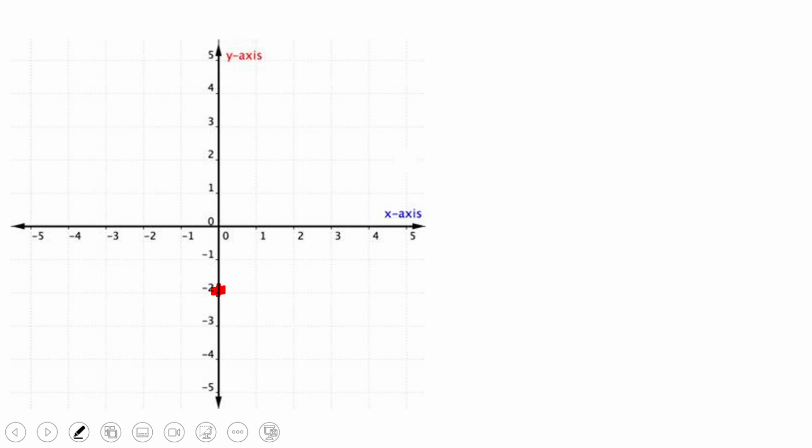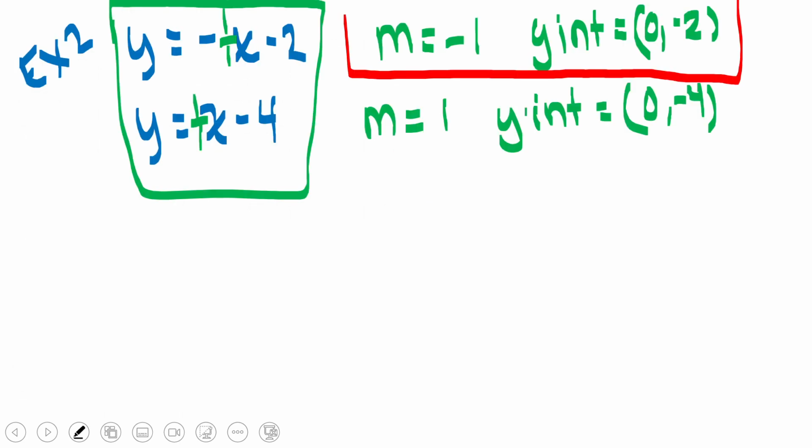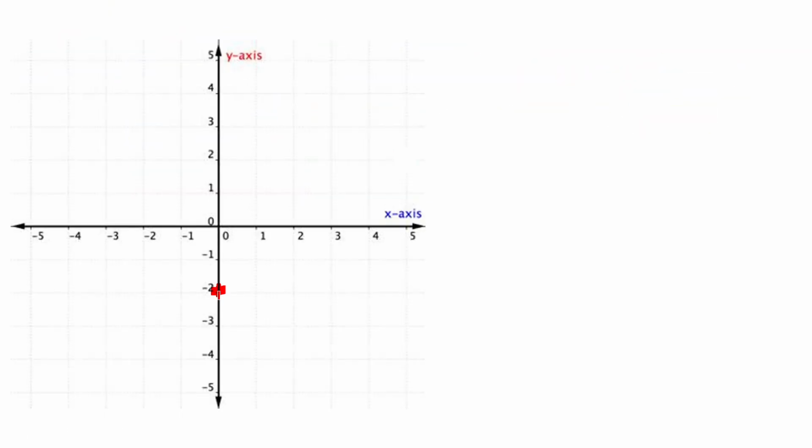If you remember, we have a negative rise over run of 1. So I'm going to work with a run of 1 and a rise of a negative 1. Here's a run of 1 and a rise of negative 1. It's going to go opposite. What do you think?